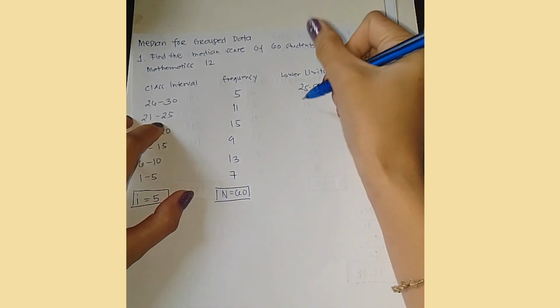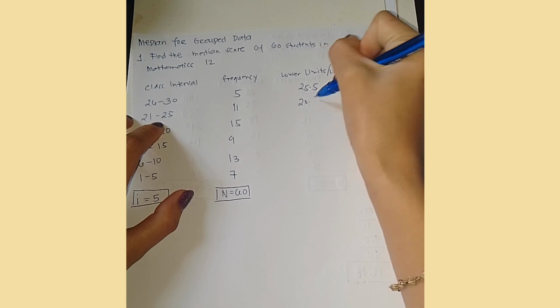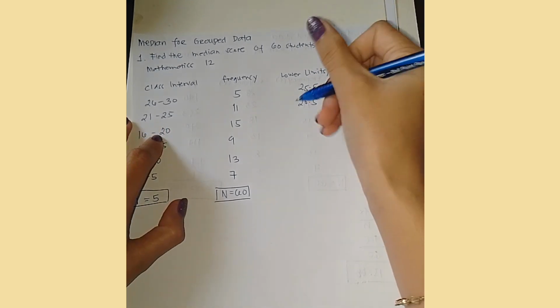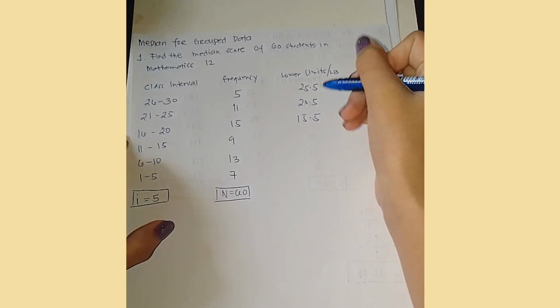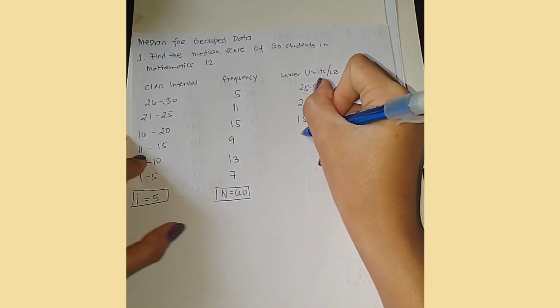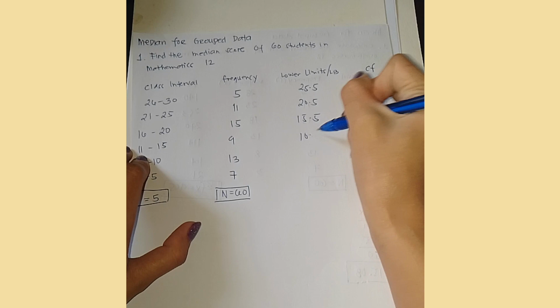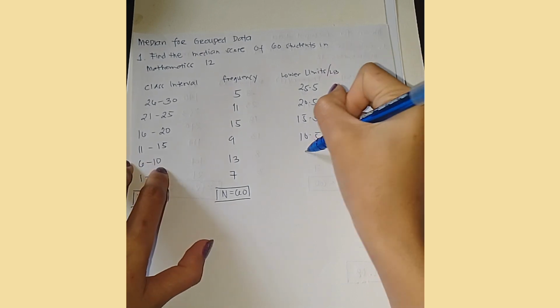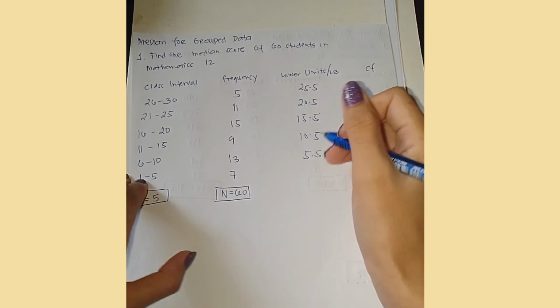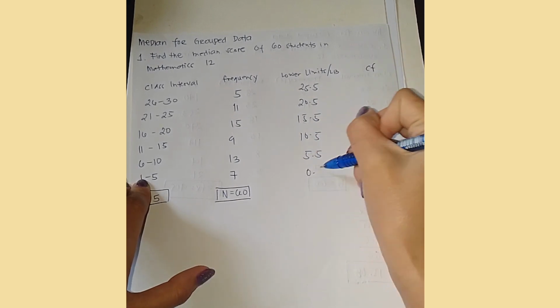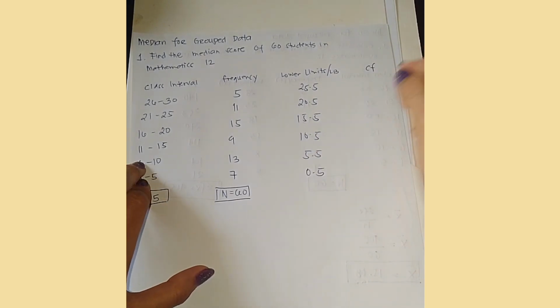And 21 to 25 is equal to 20.5. 16 to 20 is equal to 15.5. 11 to 15 is equal to 10.5. 6 to 10 is equal to 5.5. And lastly, 1 to 5 is equal to 0.5.